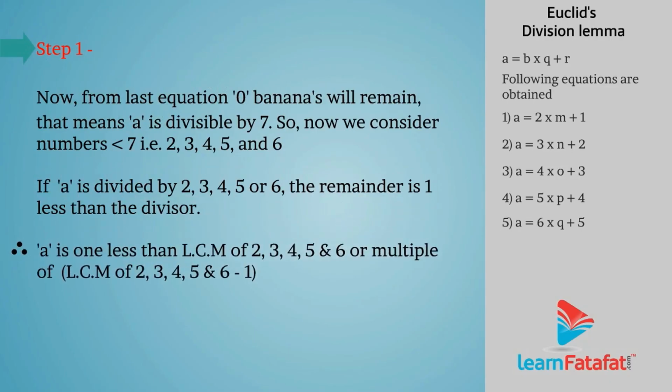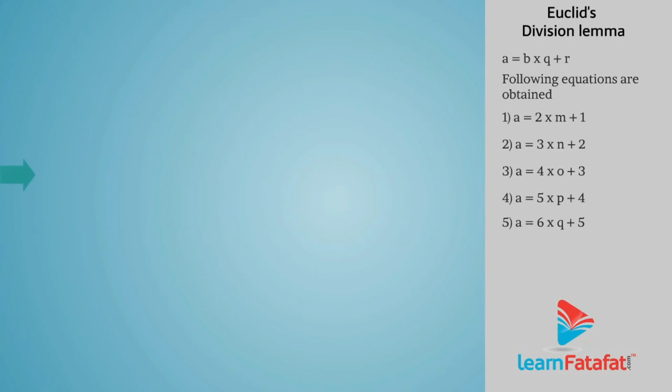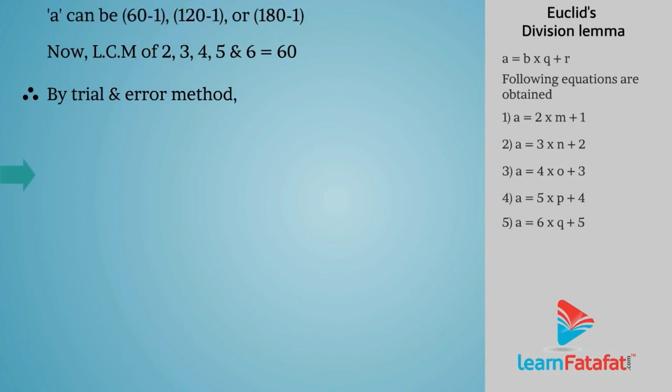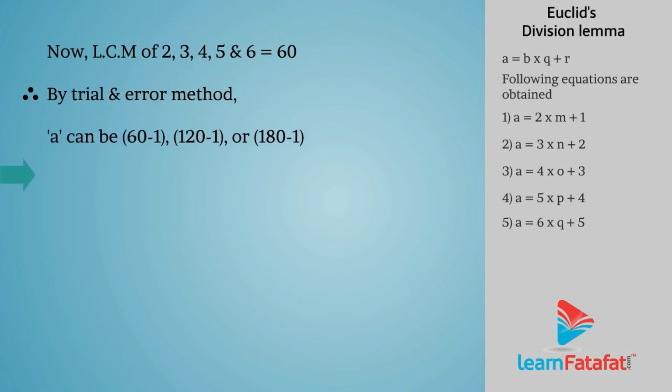Therefore, A is 1 less than LCM of 2, 3, 4, 5 and 6, or a multiple of LCM of 2, 3, 4, 5 and 6 minus 1. Now, LCM of 2, 3, 4, 5 and 6 is equal to 60. Therefore, by trial and error method, A can be 60 minus 1, 120 minus 1 or 180 minus 1.